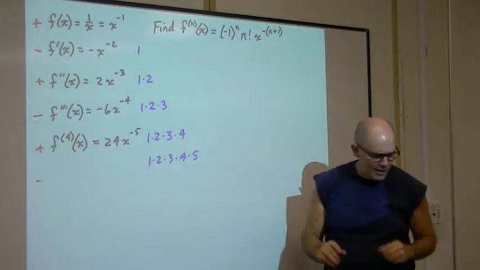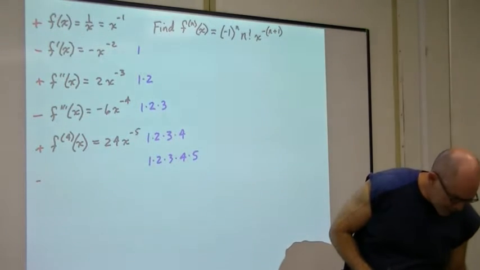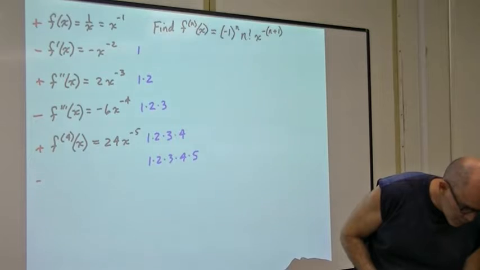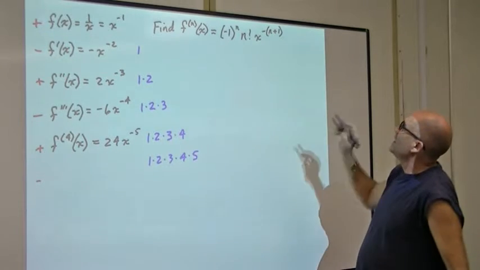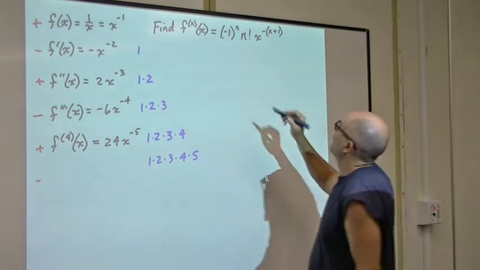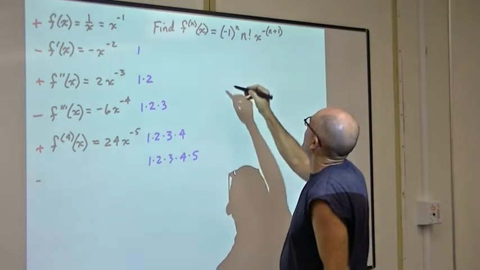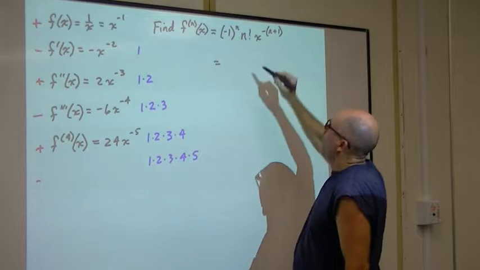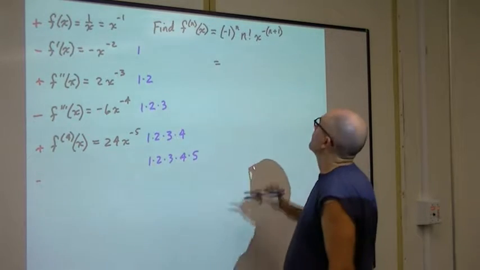Now let's see what the book came up with. Okay, what they did then was they said, okay, we're going to make the negative exponent just a positive exponent on the bottom.